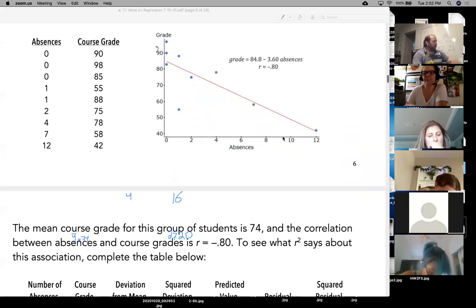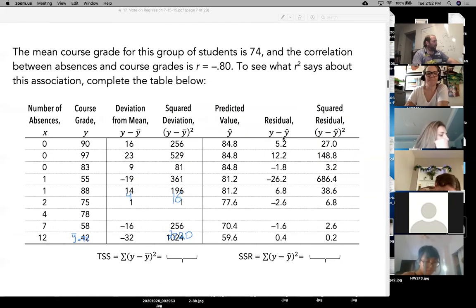I want you to come up with the predicted values for all of these. Go ahead and do that, please. Plug in 0 to the formula that I just gave you.